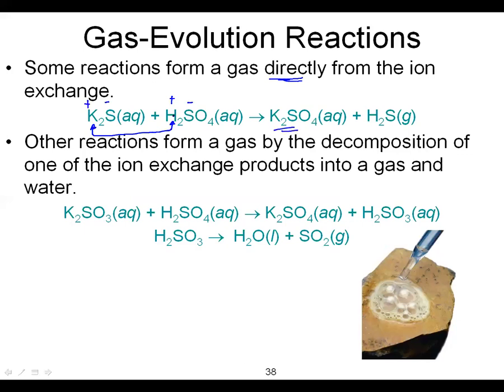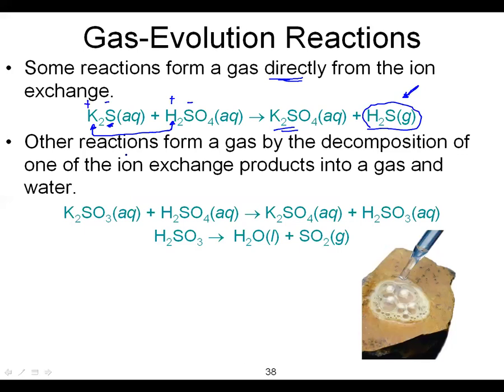And the H plus here and the sulfur, which is -2, and H plus, which is +1, will give us hydrogen sulfide gas, a deadly, toxic, very smelly gas, especially if you've ever smelled anything that involves sulfur. It does not smell very pleasant. So this one, directly as a result of that double exchange that occurs, will produce a gas.